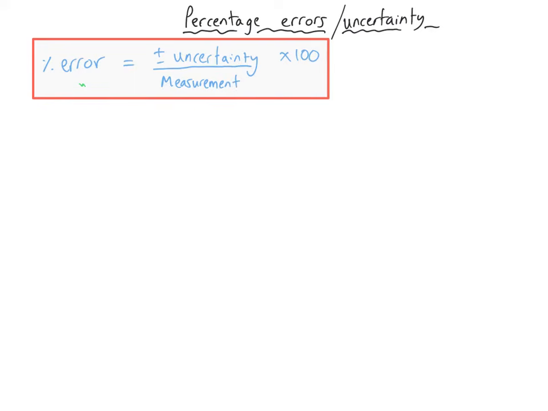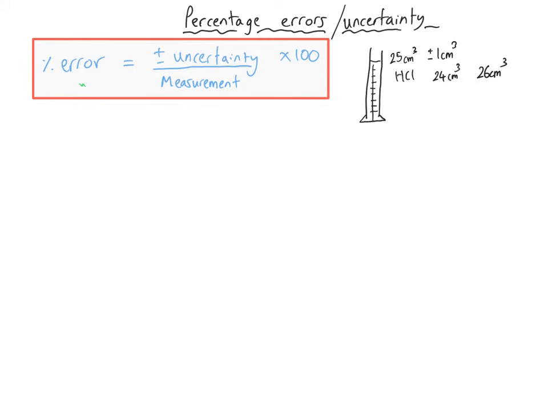And the core concept behind this is that if you have your measuring cylinder here and you think you've got 25 cubic centimetres of, say, hydrochloric acid in the neutralisation experiment, if the uncertainty is plus or minus 1 cubic centimetre, which it's likely to be for a measuring cylinder, what that means is you may, in fact, only have as much as 24 centimetres cubed, or you could have 1 centimetre cubed more, and that would be 26 cubic centimetres.